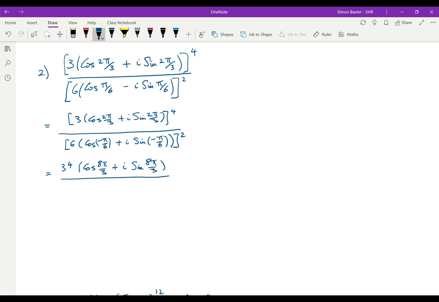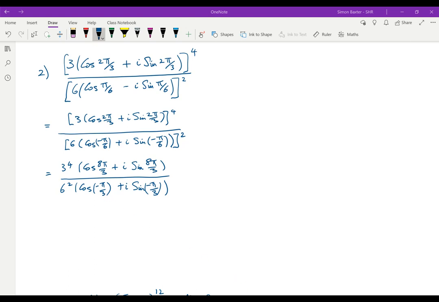And on the bottom, we're going to get 6 squared, because 2 times pi by 6 is pi by 3, so that's minus pi by 3, plus I sine minus pi by 3. Now you need to remember that when you divide complex numbers, you divide their moduli, that's obvious, but you subtract their arguments.